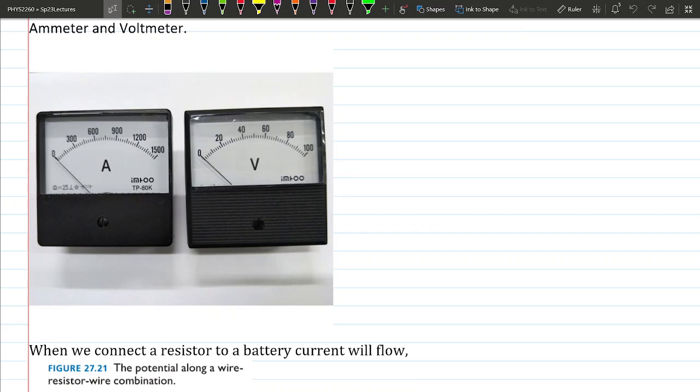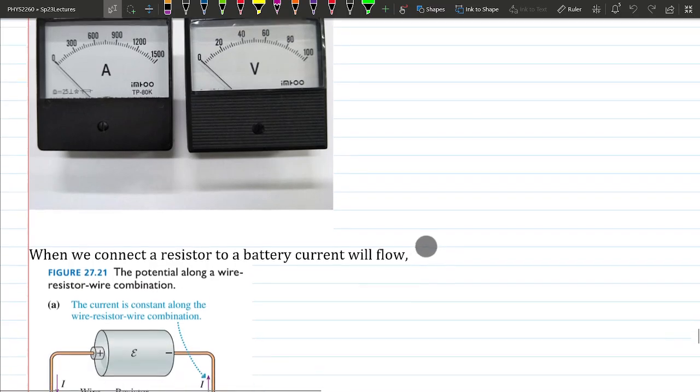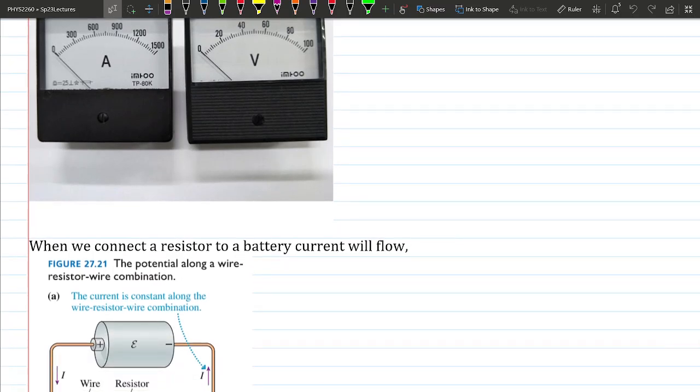If it measures voltage, then it has a big V here. A lot of times when you see these devices, it doesn't say this little knob measures voltage, it just tells you it's V, and they assume you know that V stands for voltage. We'll discuss these devices when we learn about magnetic field afterward.